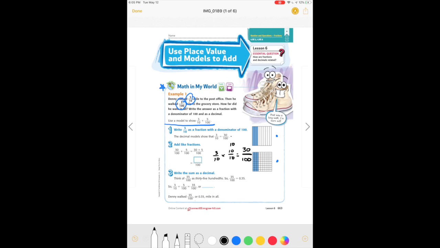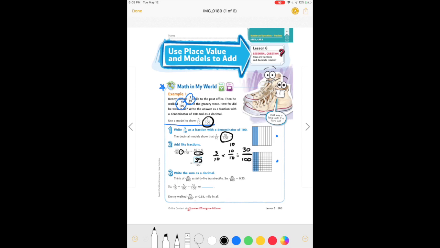Now that we have like fractions, two fractions that have a denominator of 100, we can add them. Remember, you keep the denominator the same, and you add the numerator. So 30 plus 5 is 35. Now step 3, write the sum as a decimal.